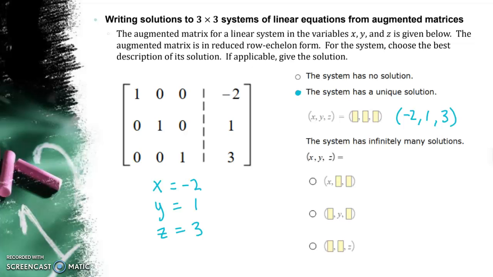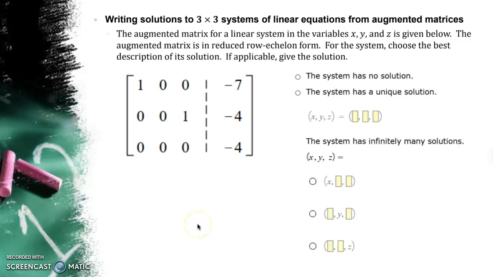And there's our solution. Okay, let's keep going. For this one, the first row means that x equals -7, the second row says that z equals -4, and the third row says that 0 equals -4. That's false. So when we get a contradiction or a false statement, we say there is no solution.